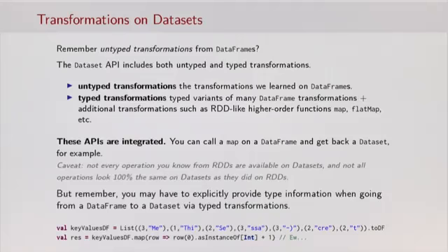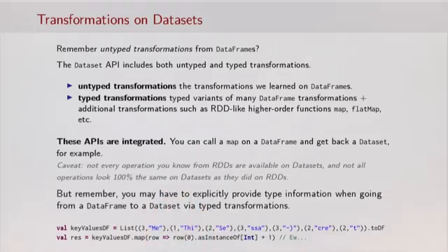It's really not clear what I'm doing. Since these two APIs are seamlessly integrated, you could accidentally do things like this and end up with no type information at all when at one point you did have type information. So again, you've got to be careful about that. And it's important to note that not every operation that you know from RDDs is available on datasets.